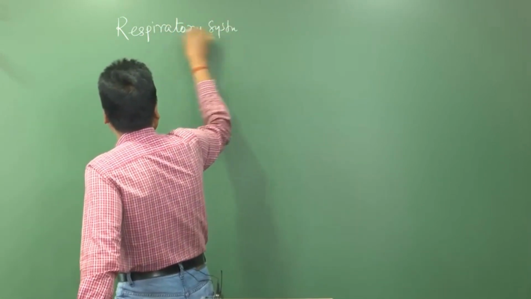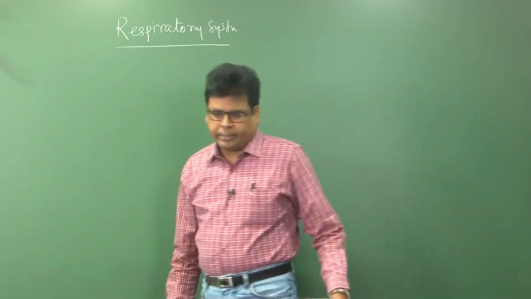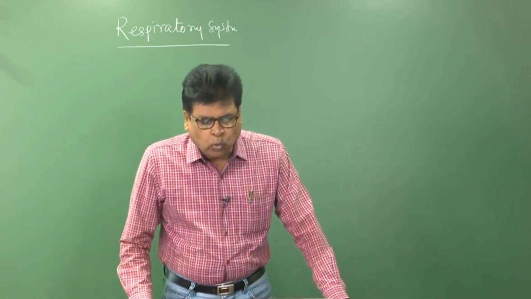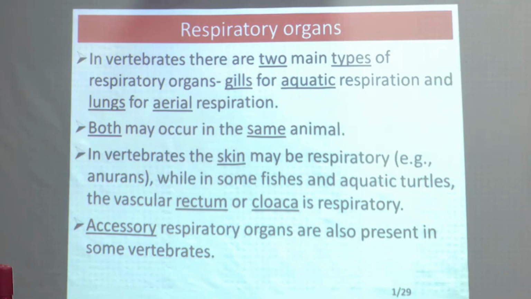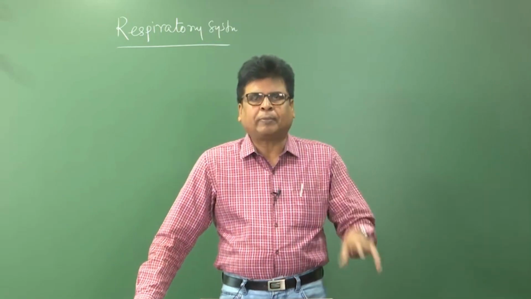In case of vertebrates there are two types of respiratory organs which are involved in the respiration process. The first one is gills and the second one is lungs. We know the gills are concerned with aquatic respiration, or the animals which are aquatic in nature respire by means of gills.